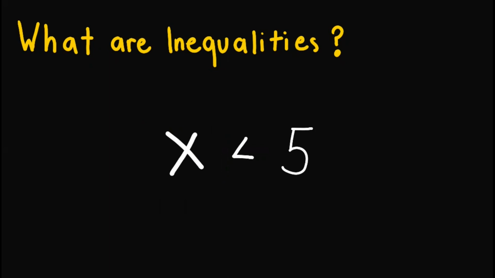Again, since x is a variable, it can take on any values, such as 4, 3, 4.999, and so on. So that is why inequalities are important, so that we'll be able to restrict the value of a certain variable in algebra.